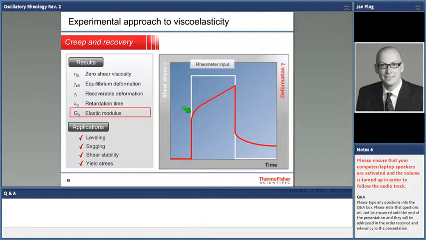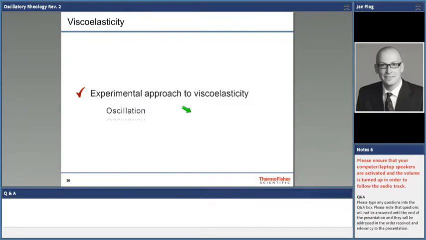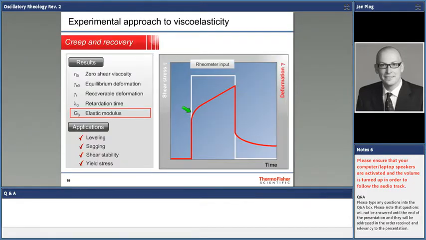And you already get an information about the amount, the absolute amount of elasticity via the elastic modulus that you can calculate just from the zero level deformation and the stress that you applied.